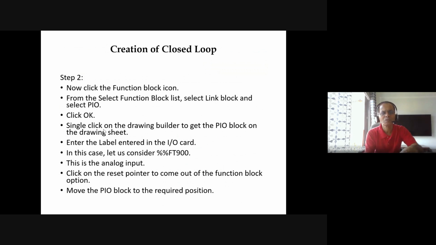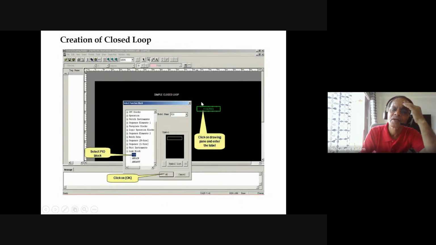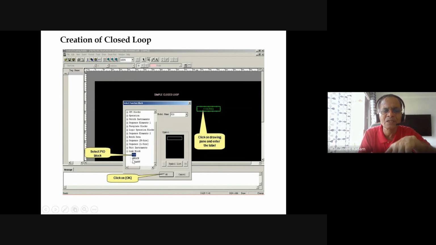Then in the closed loop, click on the function block, select the PIO, click OK. Like this, you can see here, this is the PIO for PID. Here, click on the drawing pane to enter the label. You have to enter the label tag.